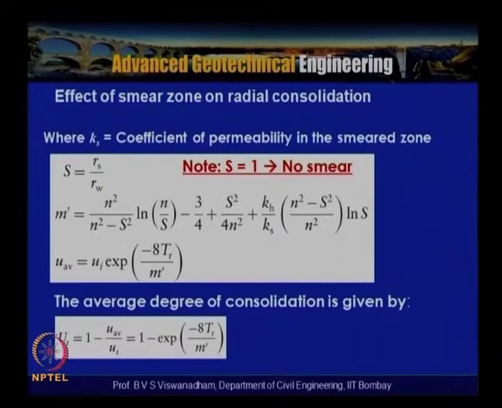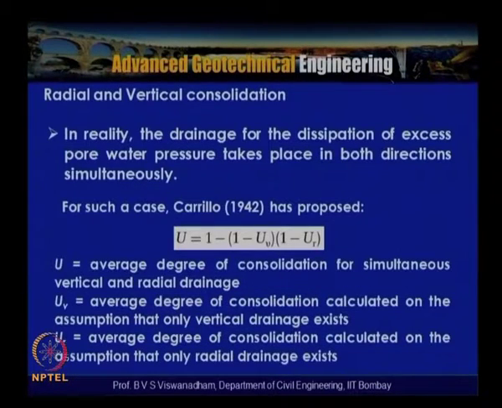And Ks is nothing but the permeability of the soil in the smear zone. In reality, we know that the drainage actually happens both in the vertical direction as well as in the radial direction.